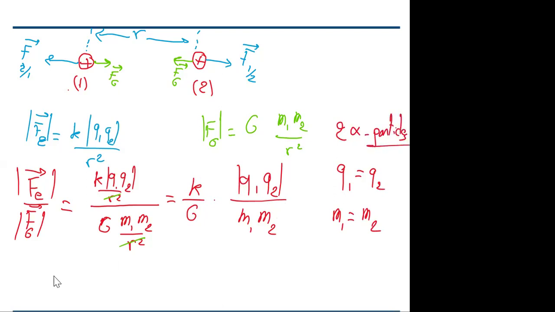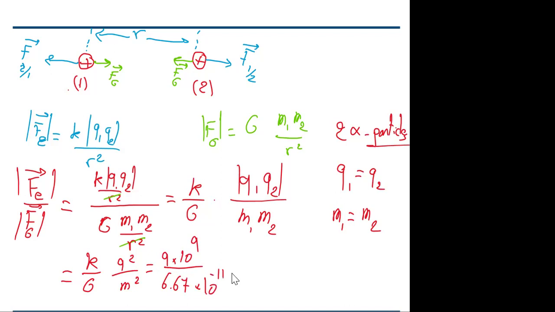Okay, so in this case, the electric force divided by the gravitational force will be K over G multiplied by Q squared over M squared, which equals 9 times 10 power 9, as we said before, divided by 6.67 multiplied by 10 power negative 11.